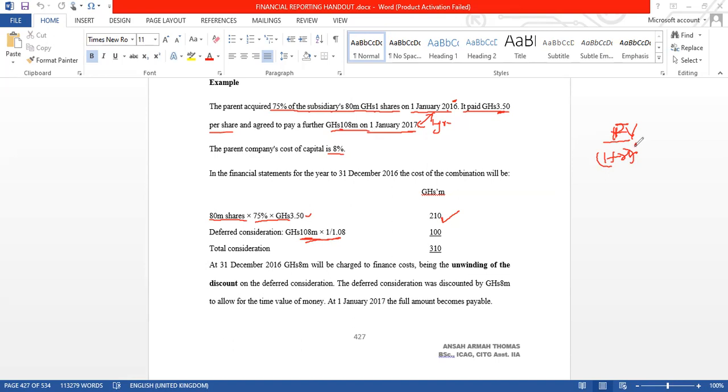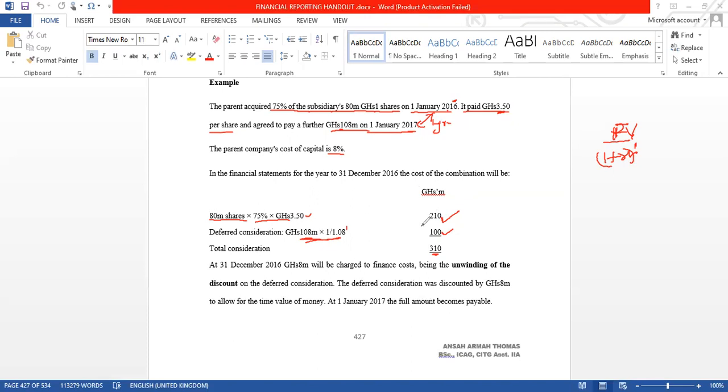Here the n is just 1 year, so that is what you see quoted here. You can raise it to the power 1 if you want, but it's still the same, which gives you this number. All right, so that is what you need to do. This is cash, so you don't need to worry yourself about it. That one is purely cash.